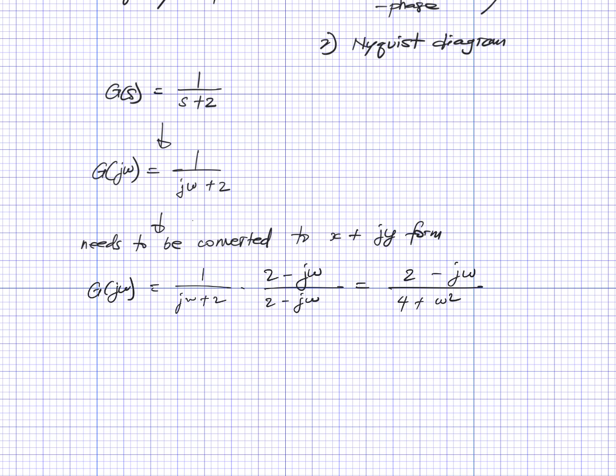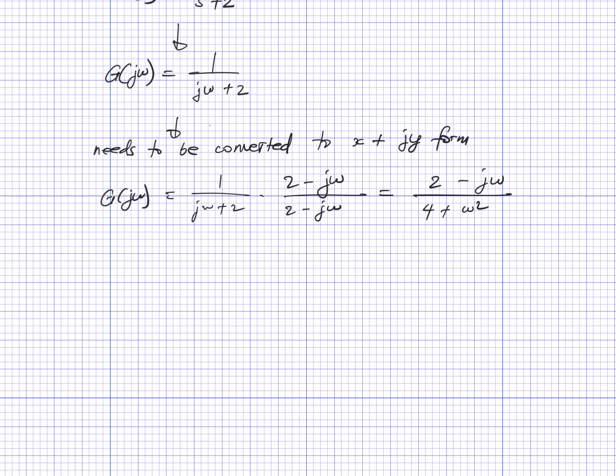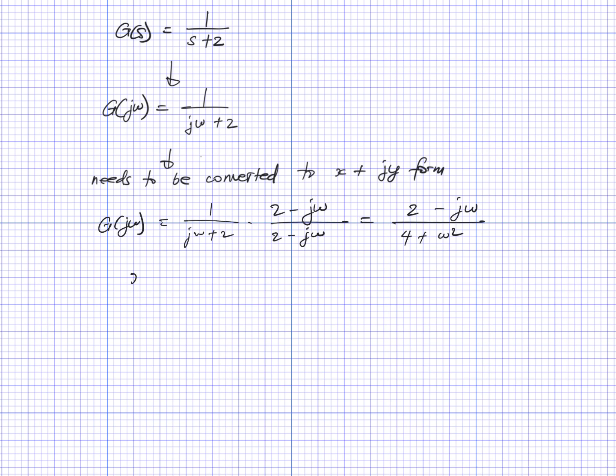And so now this is the x plus jy form, where your x is 2 over 4 plus omega squared, and your y is negative omega over 4 plus omega squared. So both x and y are functions of the frequency.